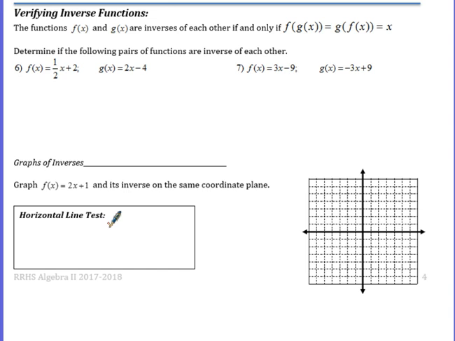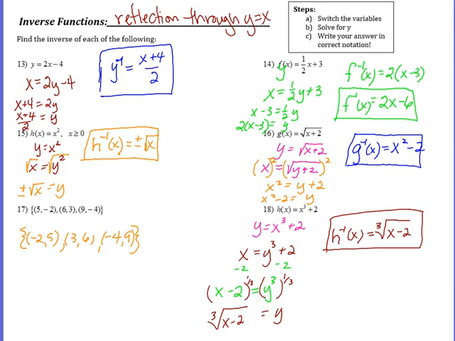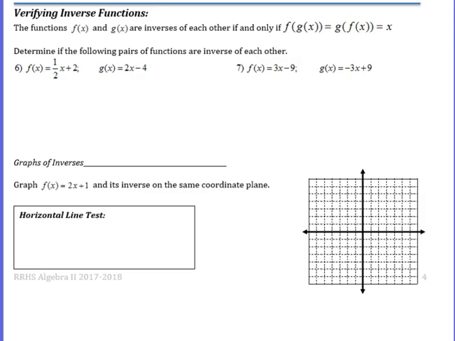All right, verifying the inverse. When we take these inverses, as we just went through this page of finding these inverses, we actually have a step where we can verify that they are the inverses of each other. Functions f and g are inverses if and only if the composition f of g of x equals the composition g of f of x, and both of them equal x.